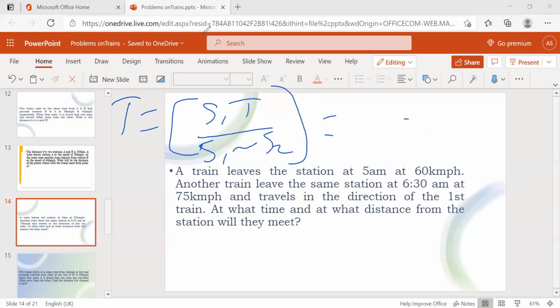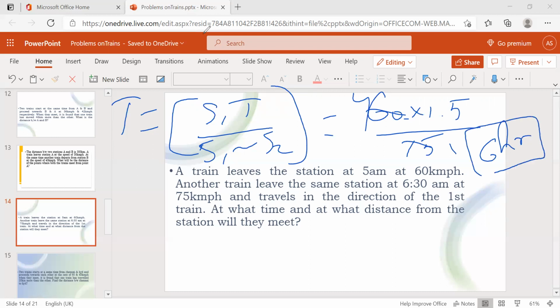I'm going to clear this first. So what's S1? 60 kilometers into what's the time difference? 1.5 hours, by the speed difference, which is nothing but 15. 15 ones, 15 fours. So 4 into 1.5 is nothing but 6 hours, right? After 6 hours, they will meet each other. Okay.